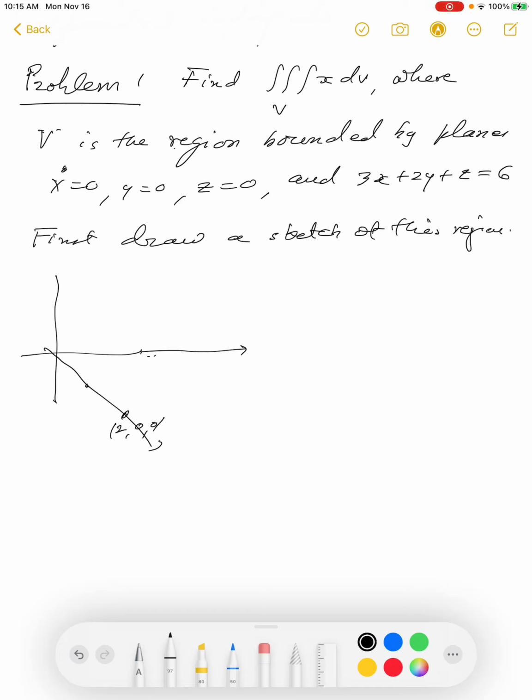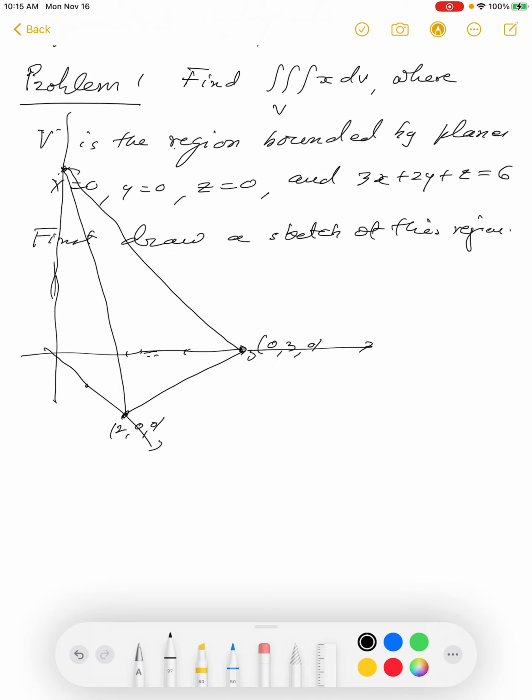And when x and z are 0, y is 3. So this is the plane which looks like that. And then the other bounding planes are the xy, yz and zx planes. So this is the region. This is your V.